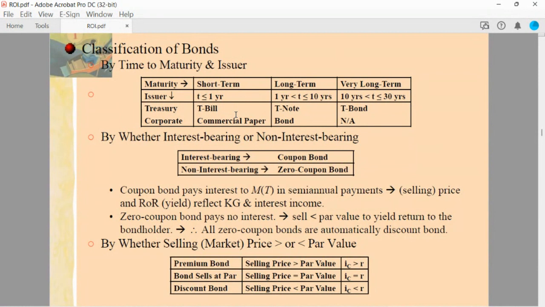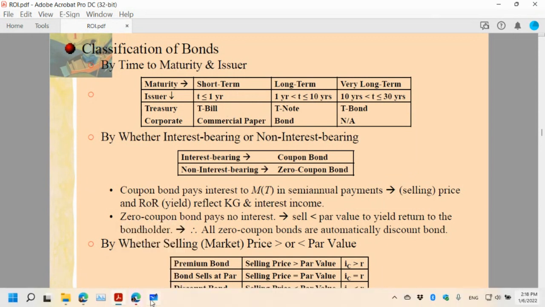Now think about it. This maturity, 1 year or 10 years, 30 years, is the maturity when they were first issued, right?